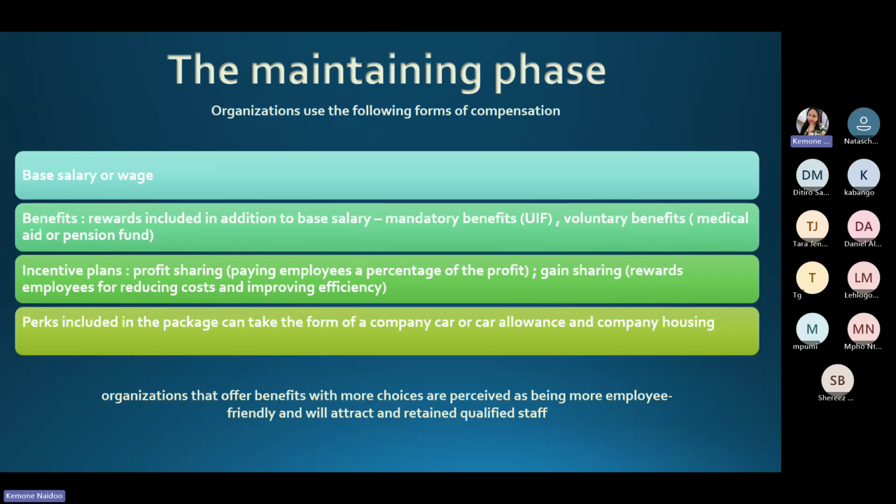Okay. So, some types of compensation, you can just increase the salary. Sometimes you can add a benefit to it. So you can offer them medical aid, you can offer them pension funds, or you can just reward extra in addition to their salary.